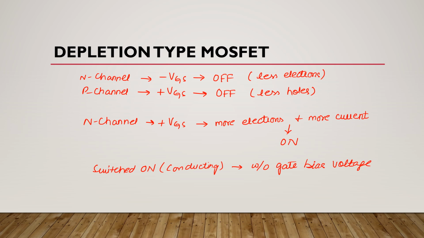It means the channel conducts when gate to source voltage is 0. Due to this reason, the depletion mode MOSFET is equivalent to a normally closed switch.